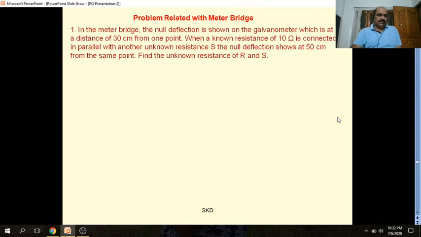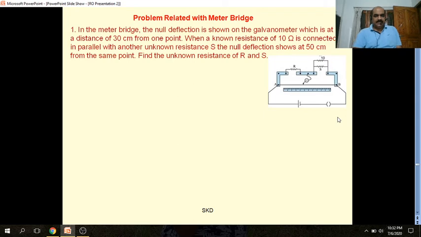So it is asked to determine the unknown resistances R and S. Look at the figure: R is not given, S is not given.